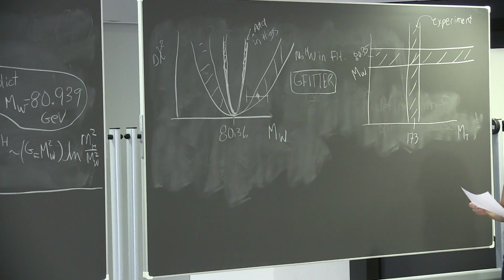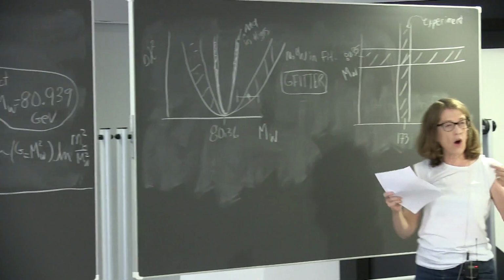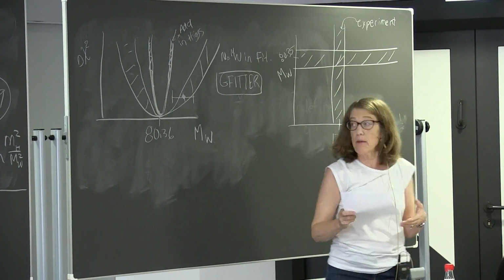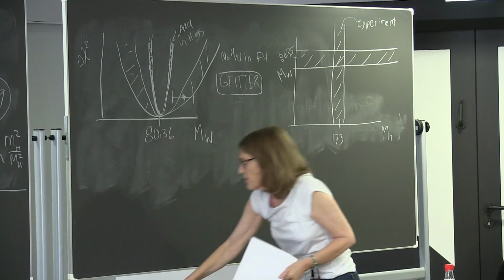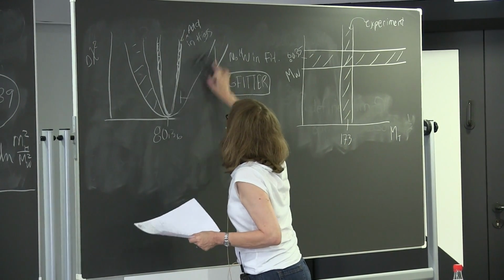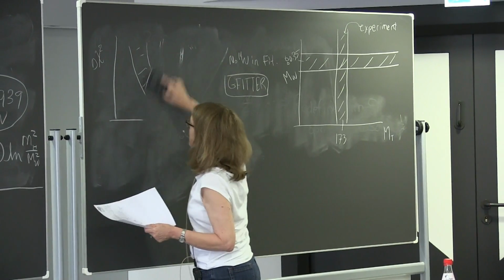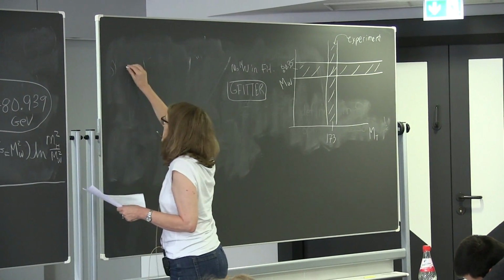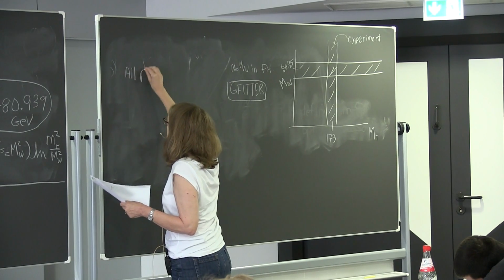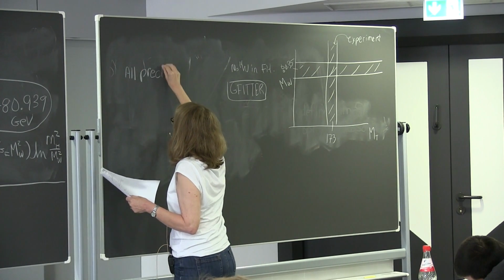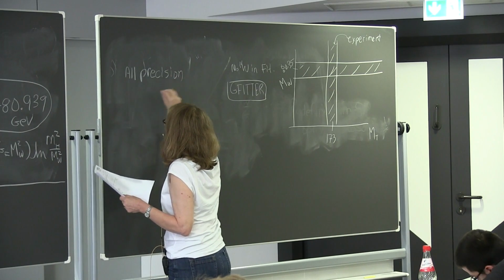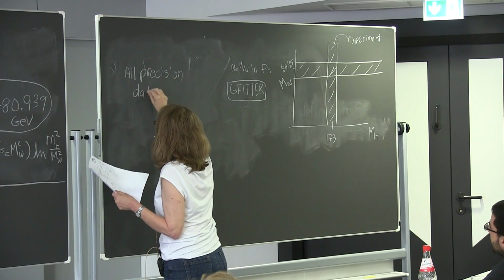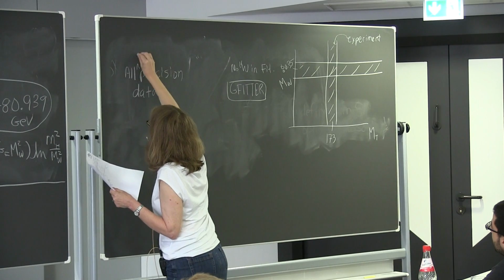So there they are. So now I'm going to take all my data from LEP and LEP2. Not me. G-fitter is going to take all their data from LEP and LEP2. Okay, so all precision data, to all electroweak.